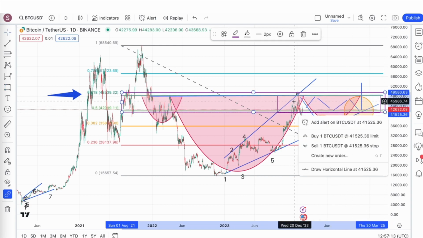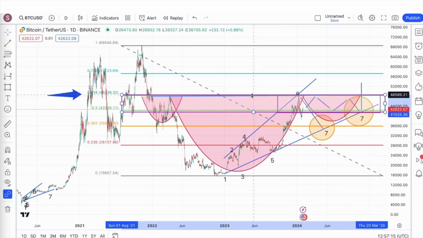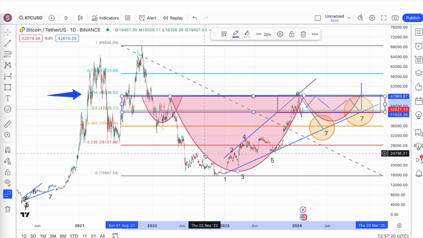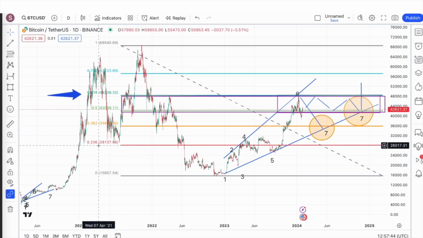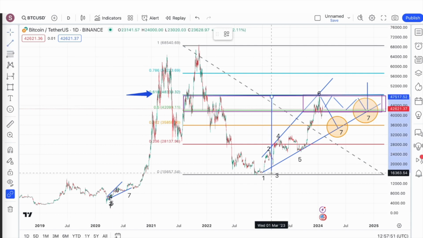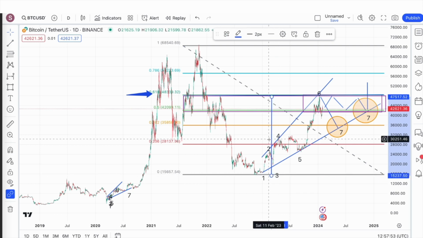So what do we expect? If there's a correction in time, price will probably range between the 42,000 and 48,000 levels until we see a contraction in the moving averages and also a completion of point 7 of the cylinder.